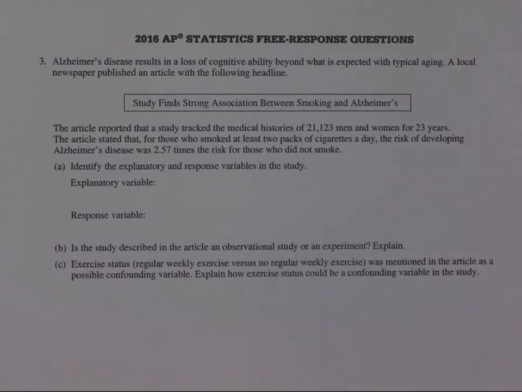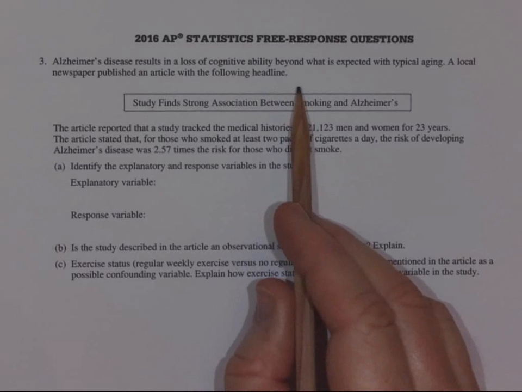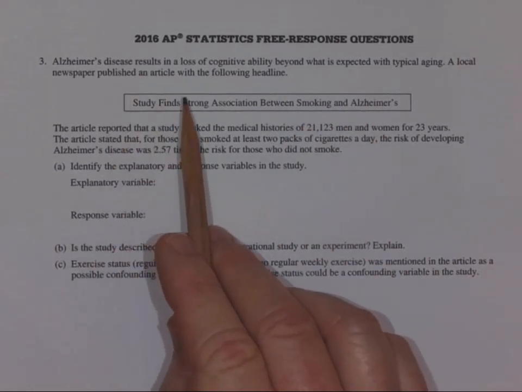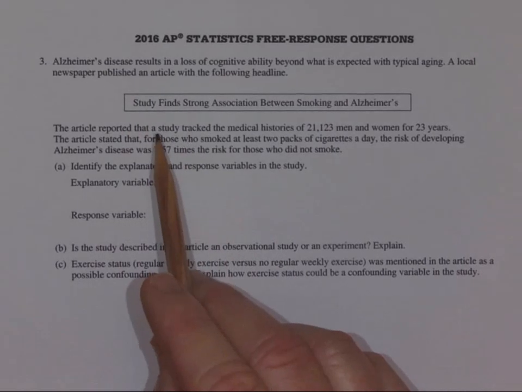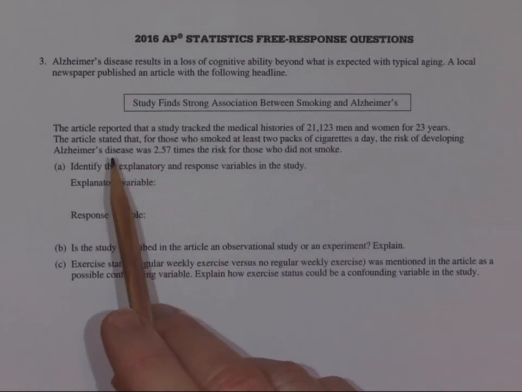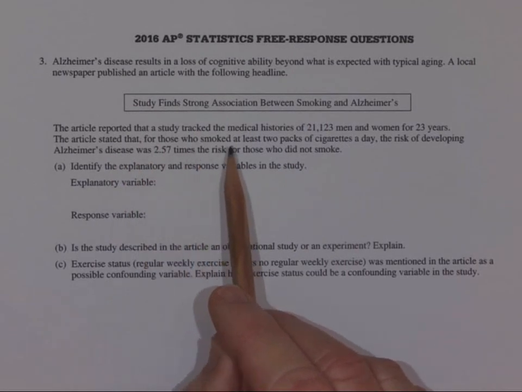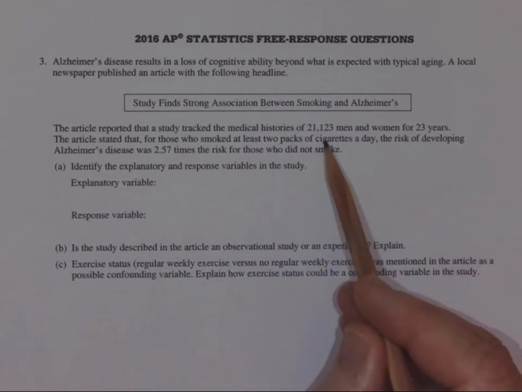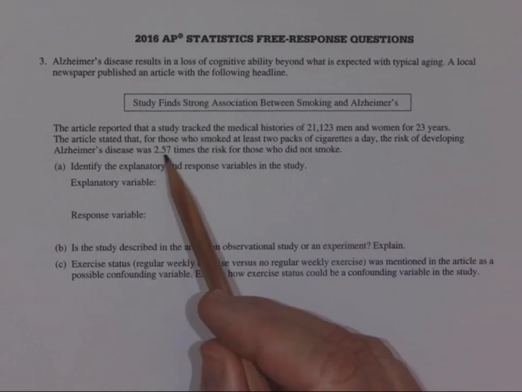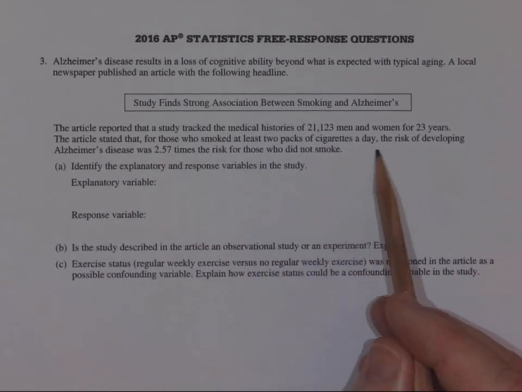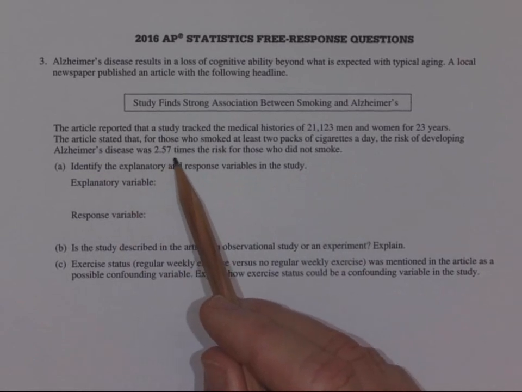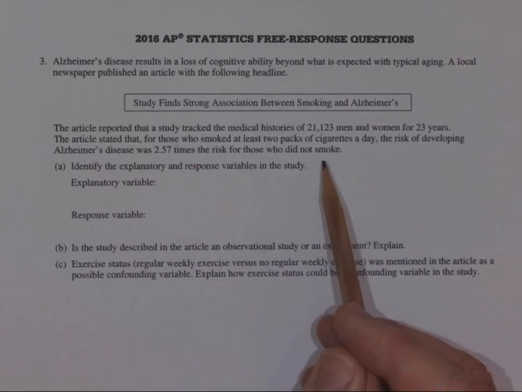Alzheimer's disease results in a loss of cognitive ability beyond what is expected with typical aging. A local newspaper published an article with the following headline: Study finds strong association between smoking and Alzheimer's. The article reported that a study tracked the medical histories of 21,123 men and women for 23 years. The article stated that for those who smoked at least 2 packs of cigarettes a day, the risk of developing Alzheimer's disease was 2.57 times the risk for those who did not smoke.